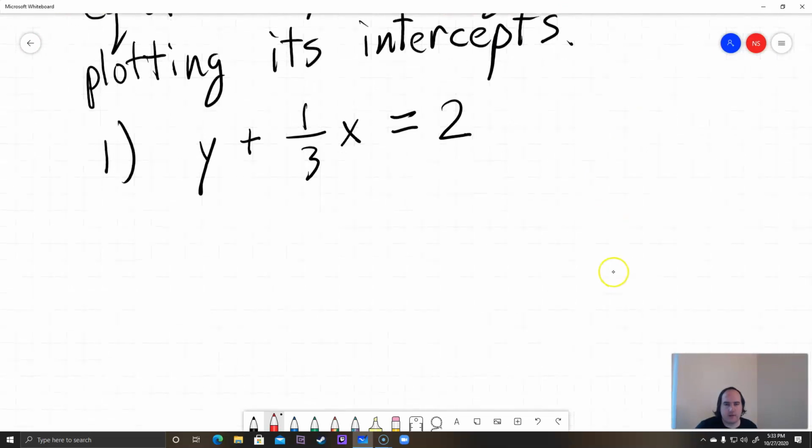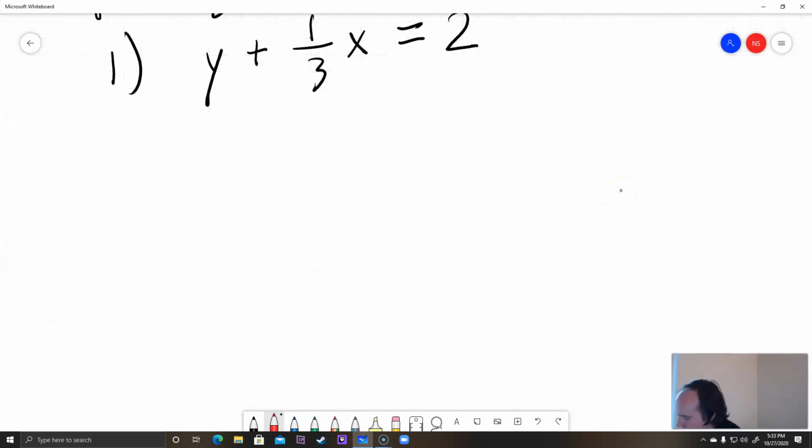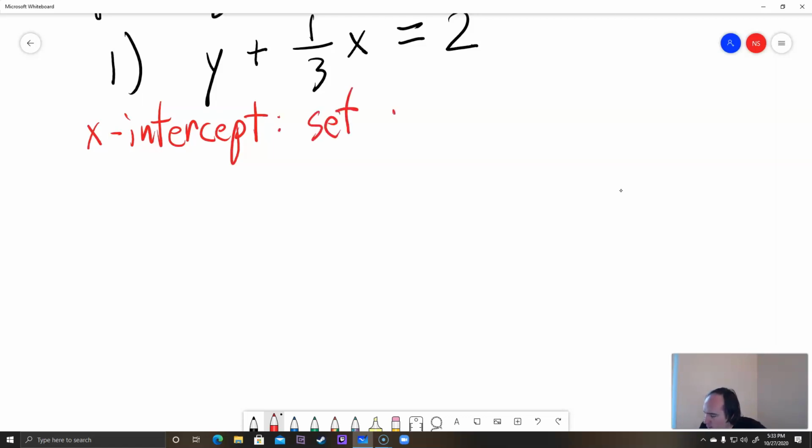Okay? So let's start with the x-intercept. So to find an intercept, you always set the other variable equal to 0. Okay, so here, to find the x-intercept, we're going to set y equal to 0. And when I say set y equal to 0, I mean set y equal to 0 and then solve for x.